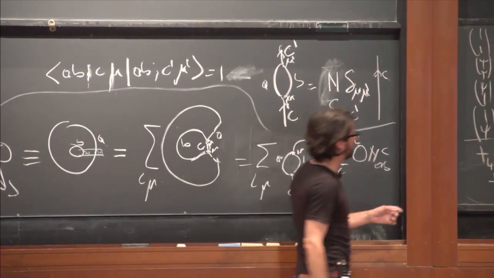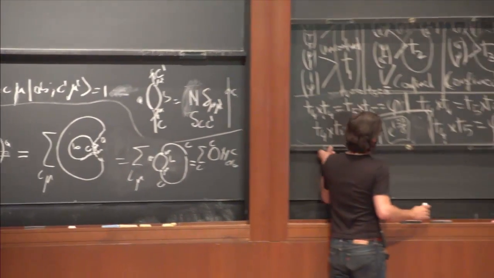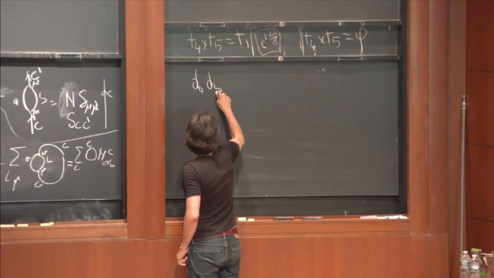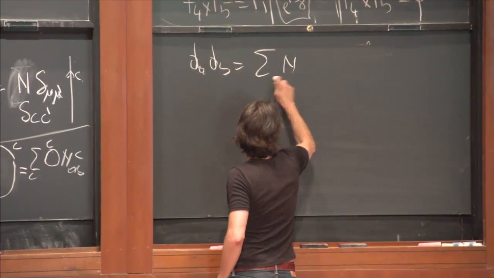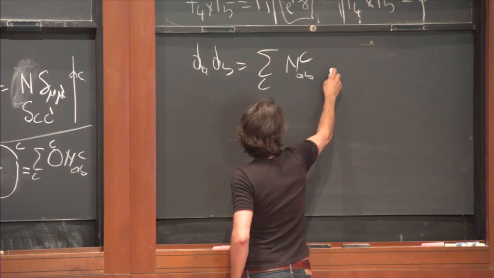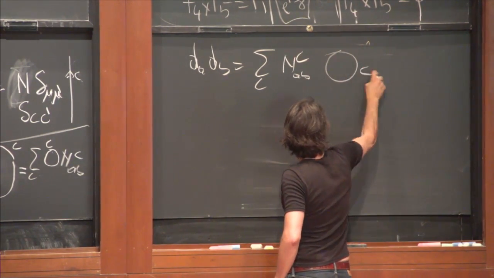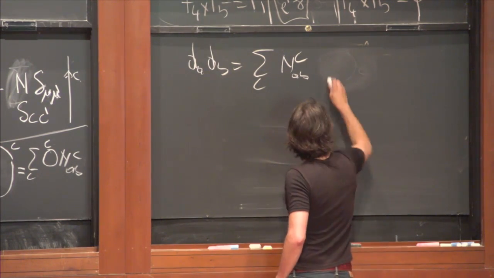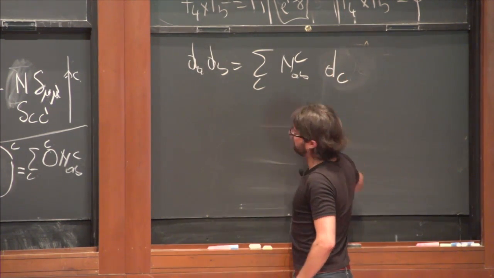So what I've just proved is that dA times dB is equal to the sum over C of N^C_{AB} times this diagram. But what is this diagram? It's just dC. Okay?